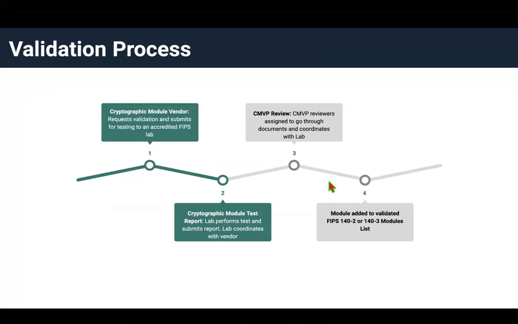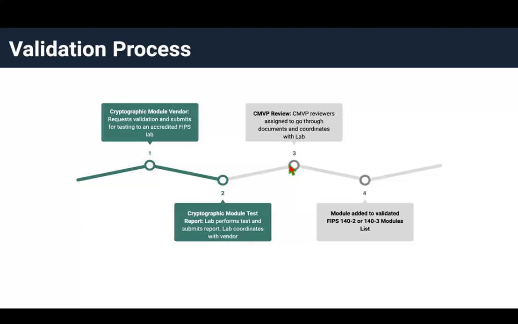This is kind of the process we go through. Quick overview of it. When we're ready to certify a new version of our module, we'll contact an NVLab accredited laboratory that's accredited to do FIPS certification work and review and testing. We'll work with that lab to get our module to what we believe is 100% ready. And once it's ready, they'll submit it to the CMVP.